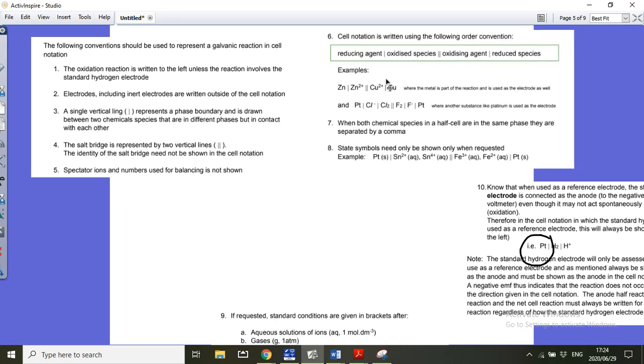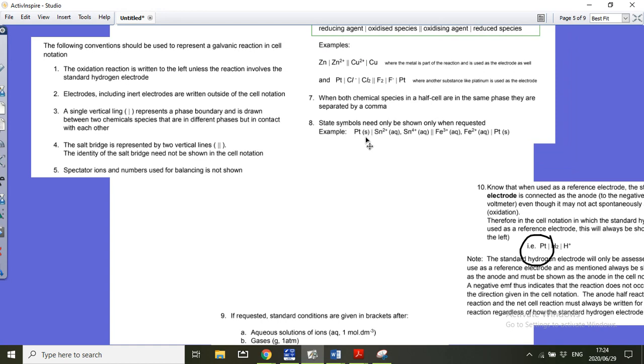I've spoken about that. So here's an example of what it looks like. What do I start with? What do I form? What do I start with? What do I form? And then you can look at these examples. These were all in different phases, so solid lines. If there is a gas involved or ions that don't have their own electrode, you'll put the electrode on the outside.